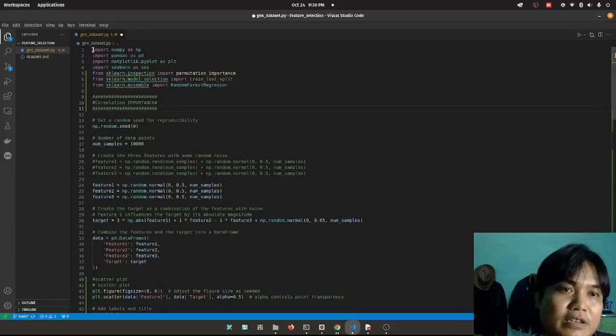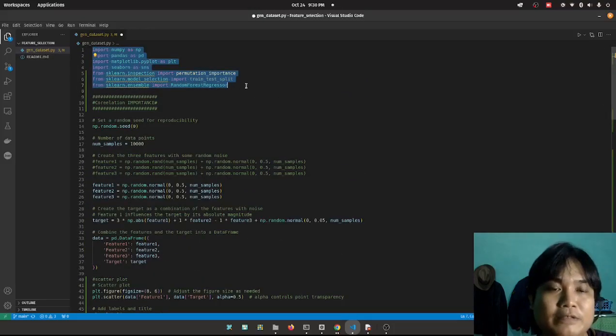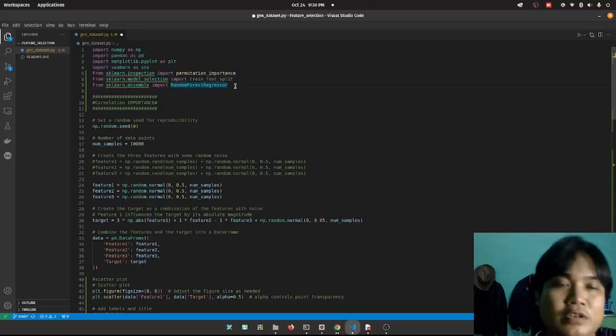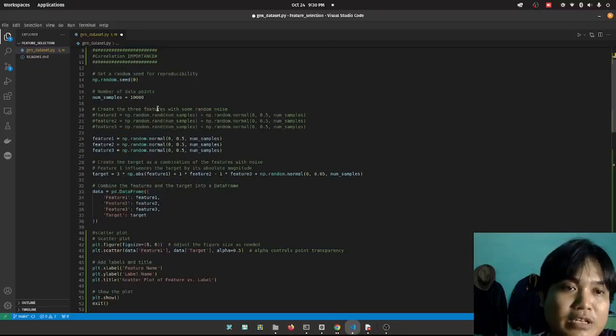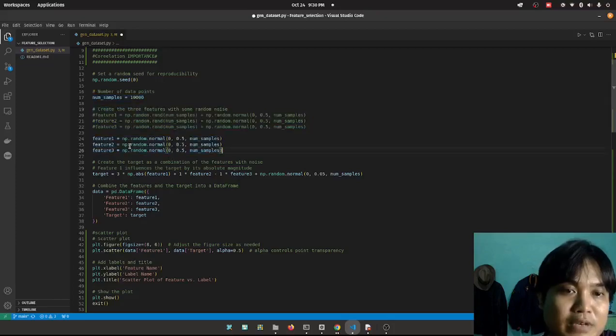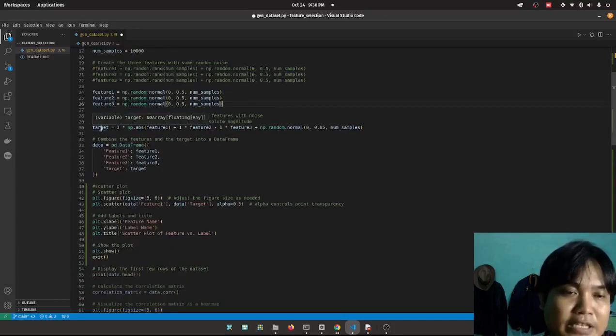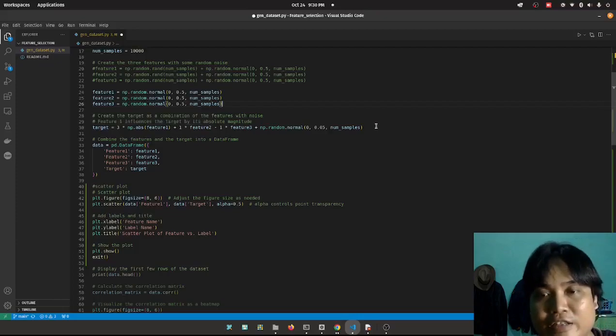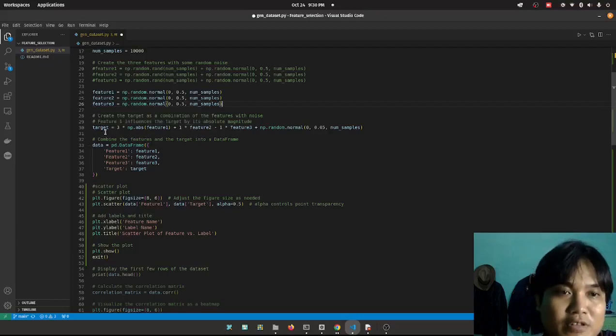First, in the first few lines I just import the necessary modules, and here I generate dummy data for feature 1, feature 2, and feature 3. And as you can see, I generate the label or the target from these three features.